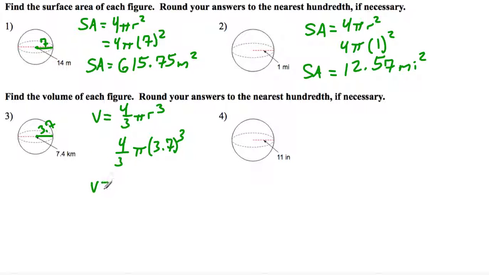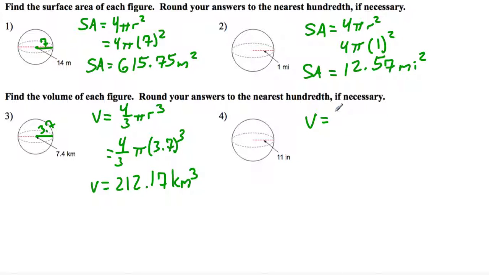So the volume is equal to 4/3. And if you're doing this in a calculator, I recommend doing 4 divided by 3 in parentheses. Multiply that by pi, and then multiply that by 3.7 cubed. And we should get 212.17 kilometers cubed, again because we are talking about volume.